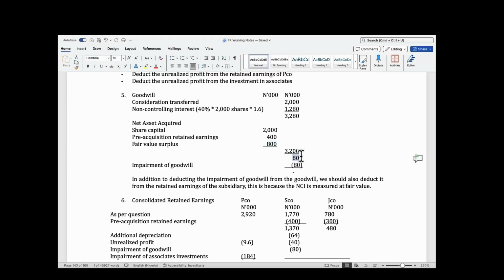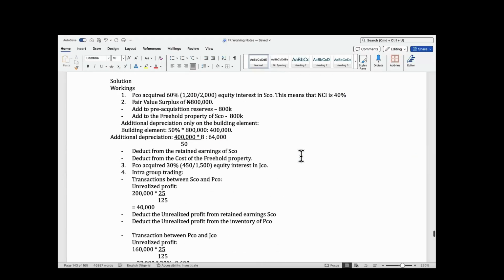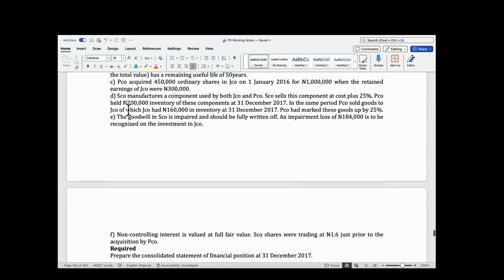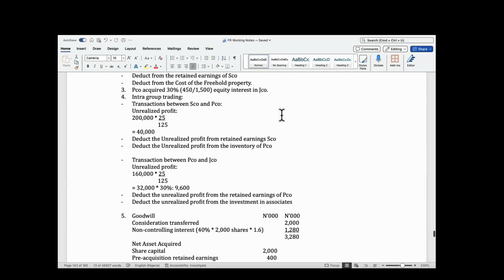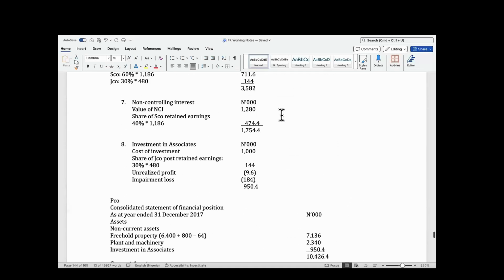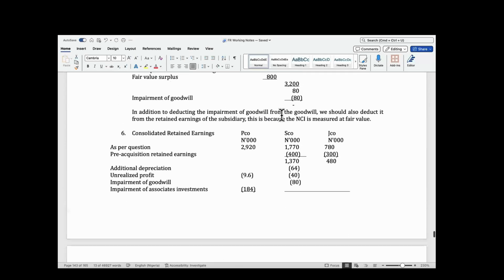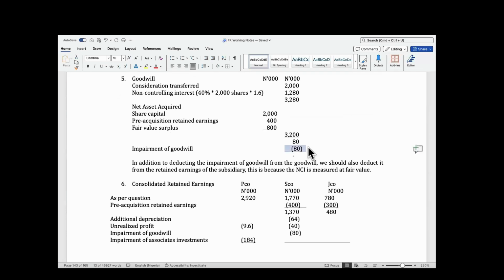So we have a goodwill of 80, which we're told in the question that the goodwill in ESCO is impaired and should be fully written off. So there will be impairment of goodwill of the entire 80.